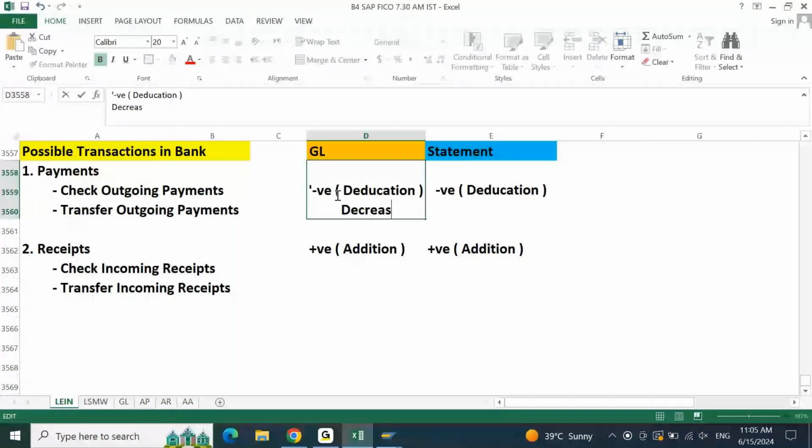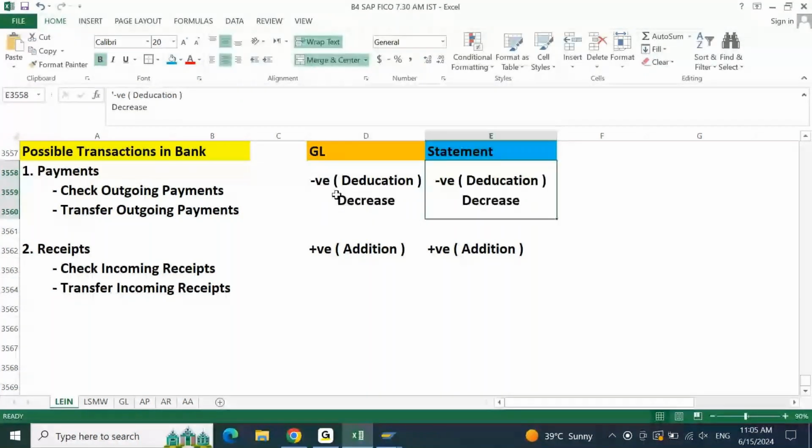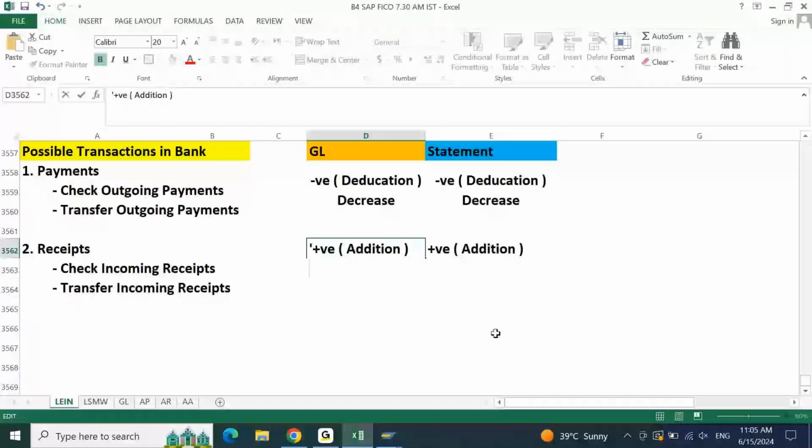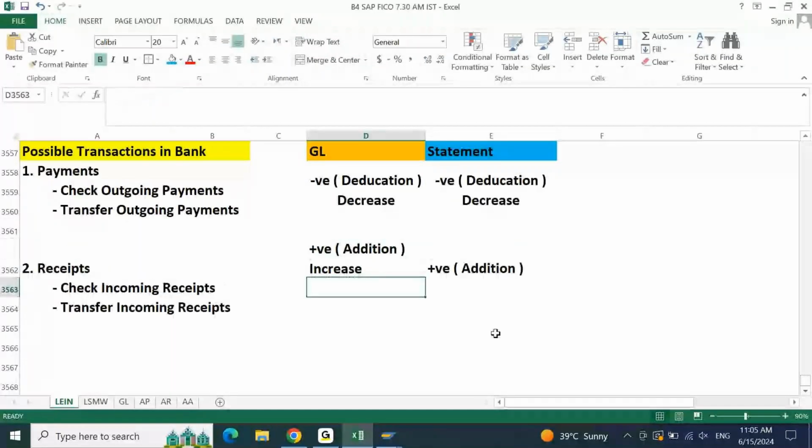Similarly, when it comes to positive, you are talking about increasing the amount.